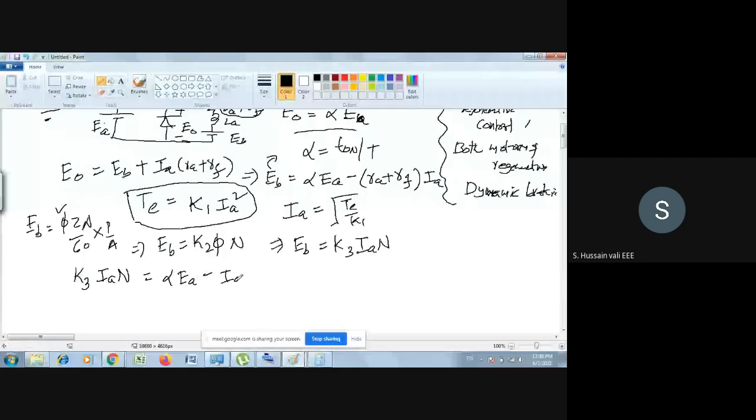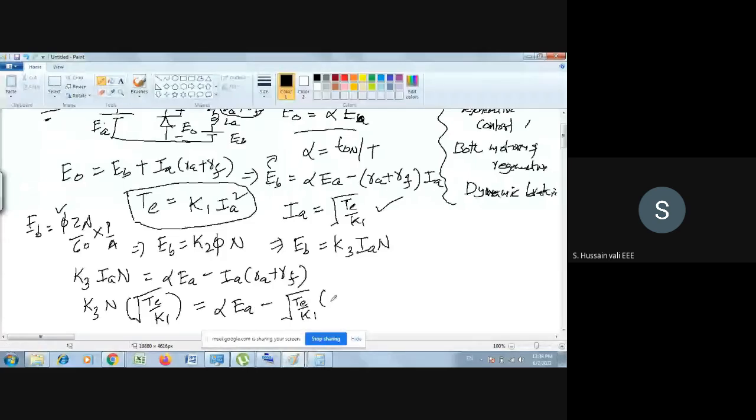Then we can write K3 into N into IA, using the equation IA equal to square root of Te by K1, is equal to alpha EA minus square root of Te by K1 into RA plus RF. You can write like this.